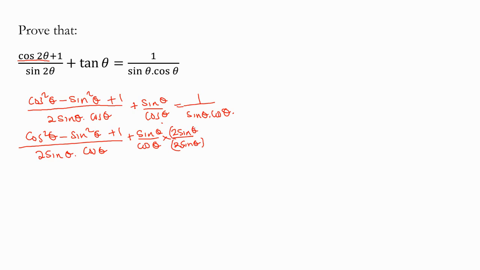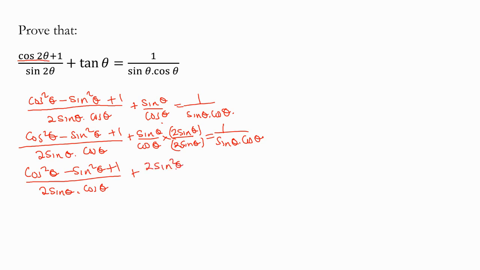So we get our lowest common denominator there. Okay, almost there. Let's simplify this fraction here. So it becomes cos squared theta minus sin squared theta plus 1 over 2 sin theta times cos theta plus 2 sin squared theta over 2 sin theta cos theta.